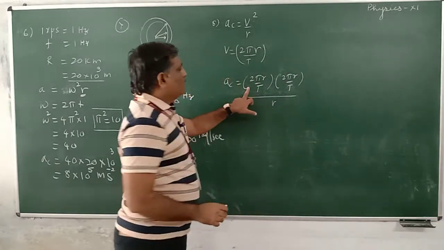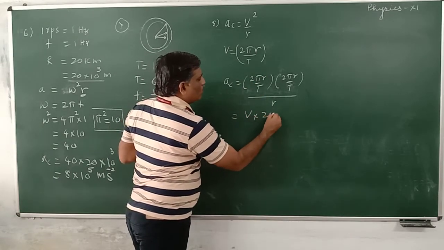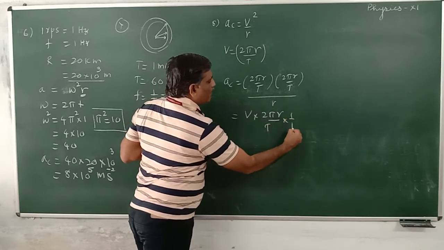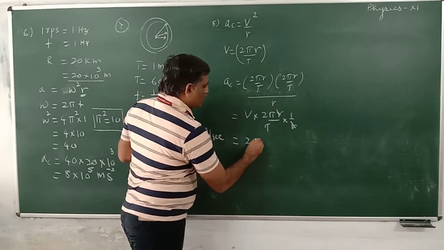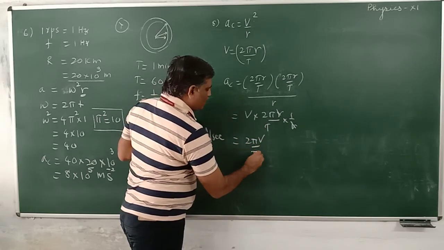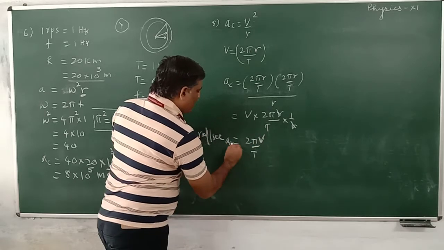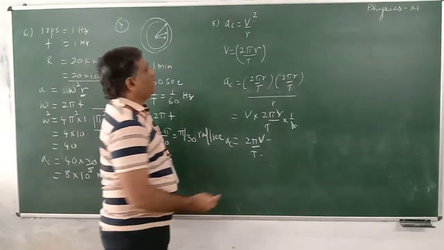The 1 by r cancels with the r. Finally we get 2 pi v by t. Therefore AC in terms of v and t is equal to 2 pi v by t.